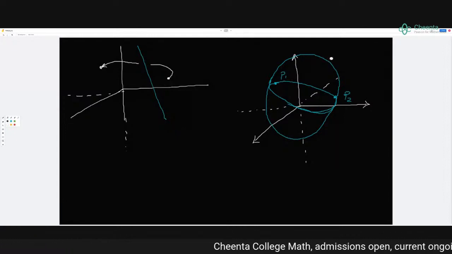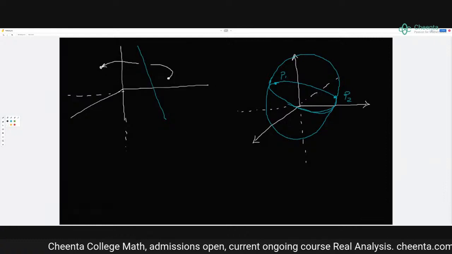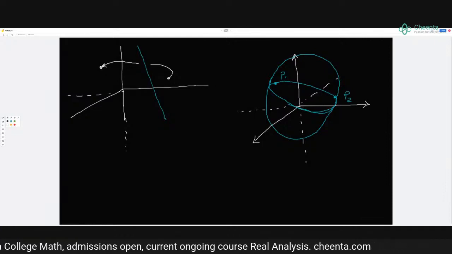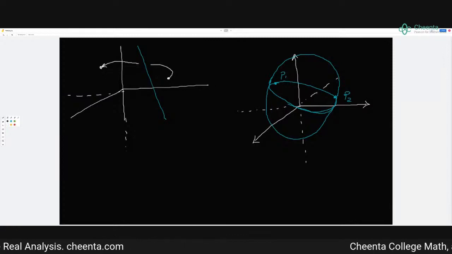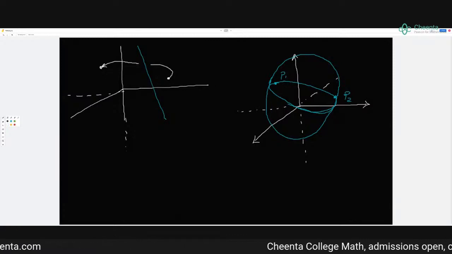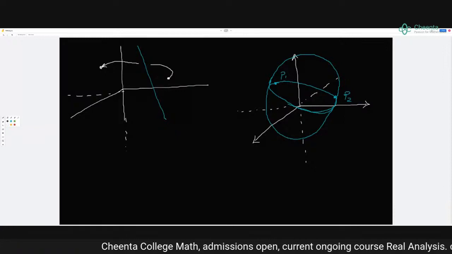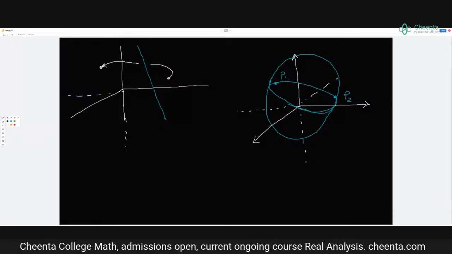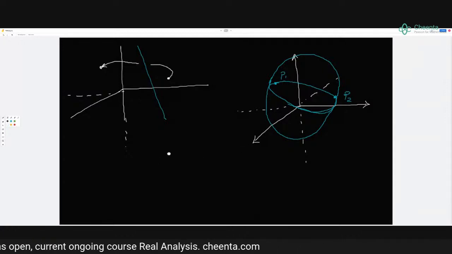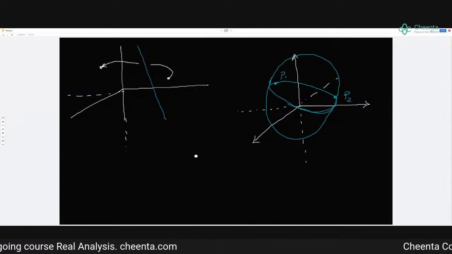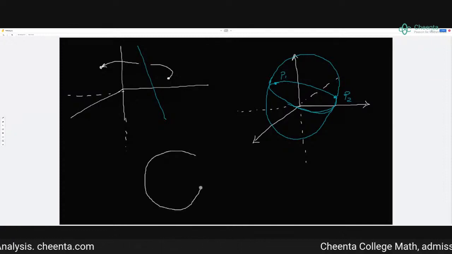Because if none of those lines that you are removing from R3 passes through the sphere, then there is always a path that connects P1 and P2 quite trivially, right? The only problem is when, among those countably many lines, a small amount pass through the sphere, or let's say all of them pass through that sphere.